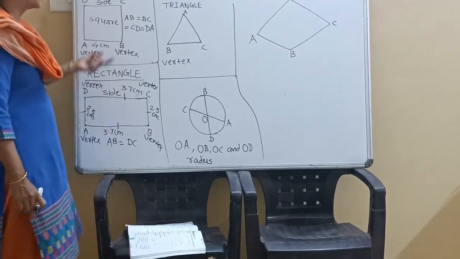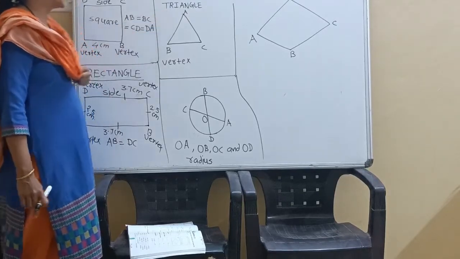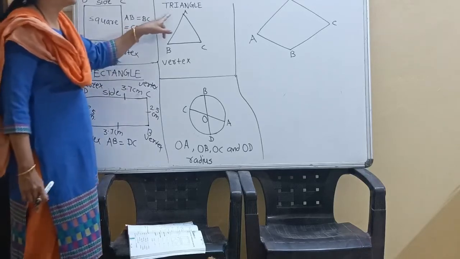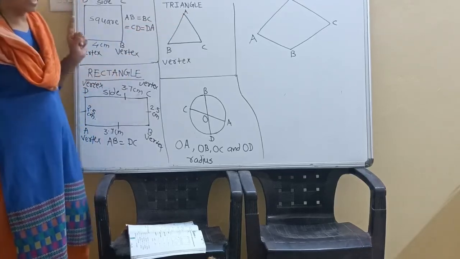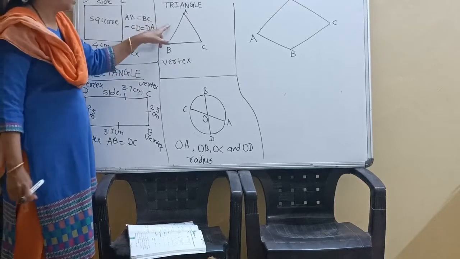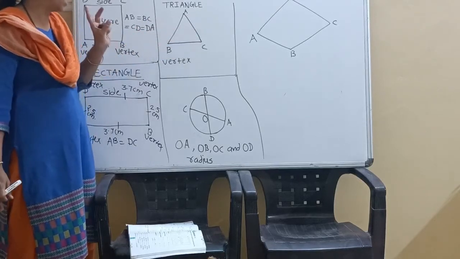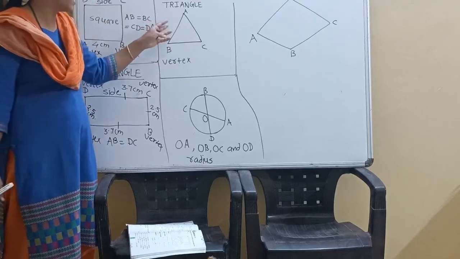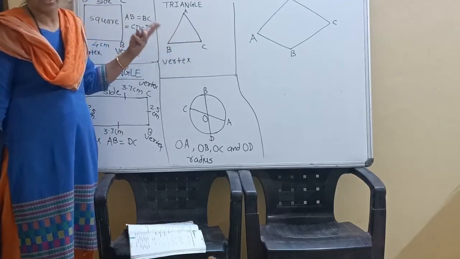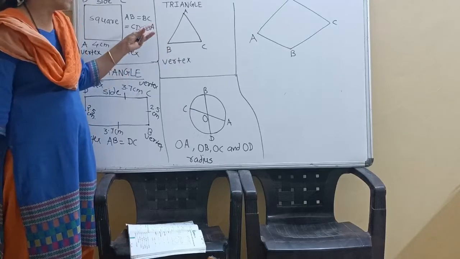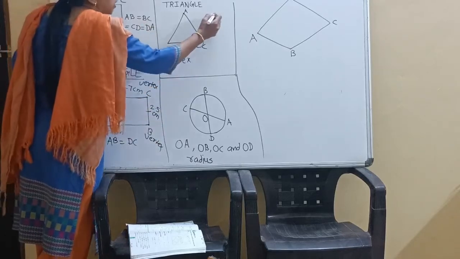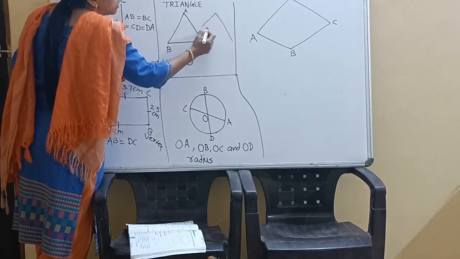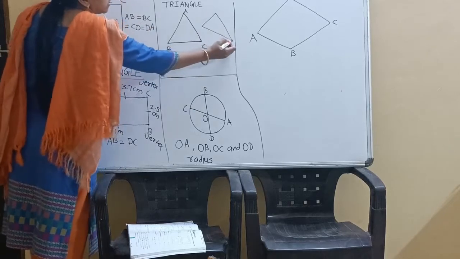Now see, the third two-dimensional shape is called a triangle. In a triangle, 1, 2, 3, three sides are there. Sometimes these three sides may be equal in size, or sometimes it may be short, it may be long. This is also a triangle.